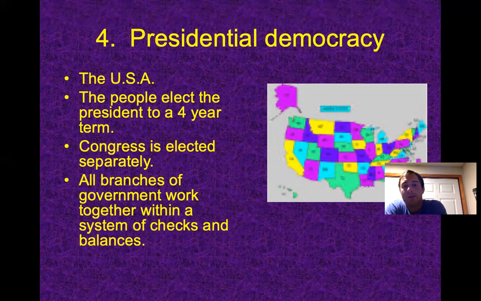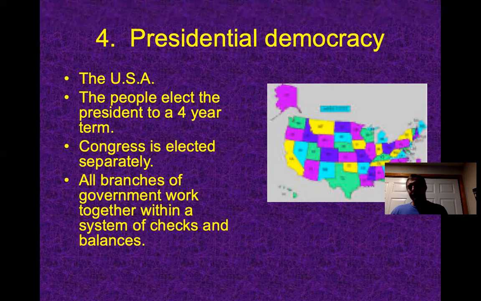And then, like I mentioned before, the president is elected by the people through the electoral college. Obviously each state, depending on their population, is granted those electoral votes. So again, those are the key differences and similarities amongst a parliamentary democracy and a presidential democracy.